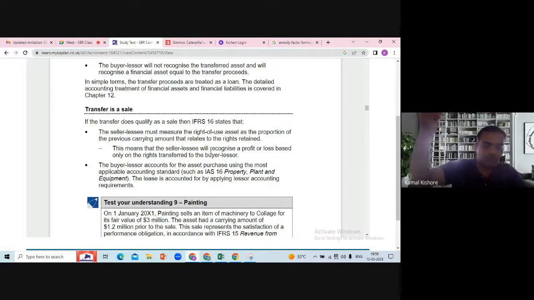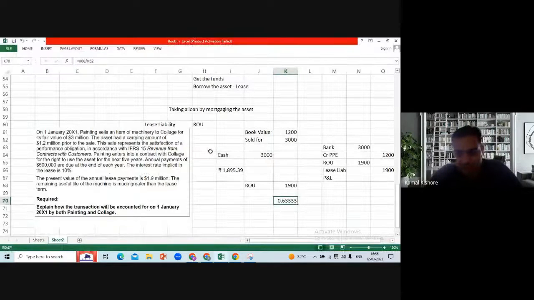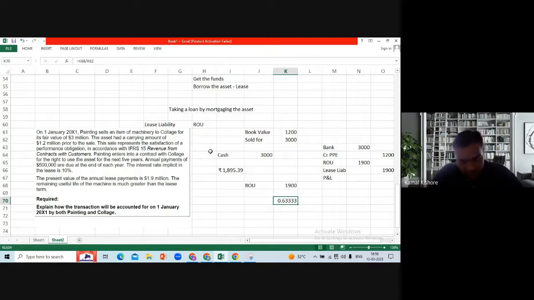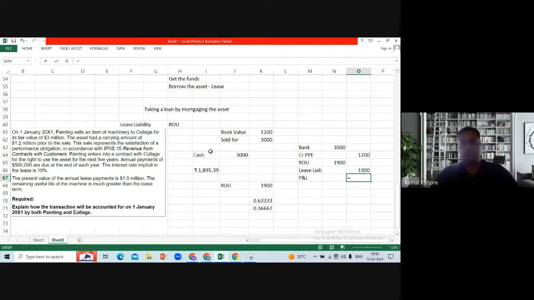I sold the asset to him, right? How much am I retaining? I am getting rights worth 1900. The present value of the asset that I am using is 1900, the value is 3000, so the right that I am using is 63%. So the right that is transferred is 37%. In that case, I may recognize only 37% of the gain.